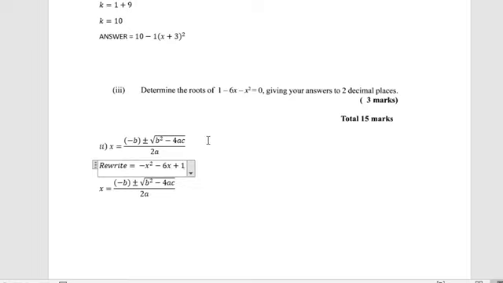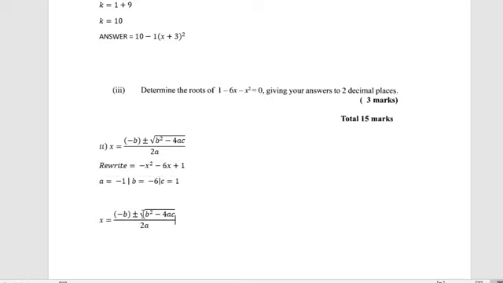And now if we look at that, what we know is that a is equal to -1, b is equal to -6, and c is equal to 1.